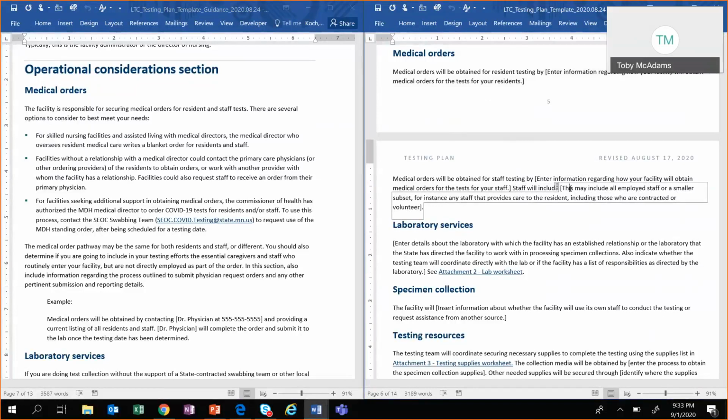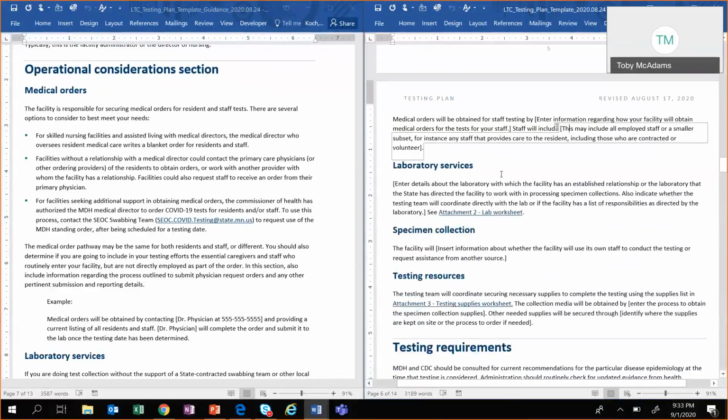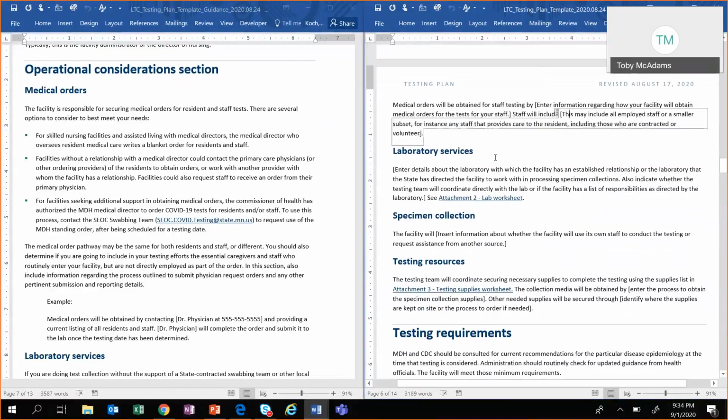Are you going to treat volunteers any differently, or any of the other individuals within your facility? Take the time to think through who is going to be part of this overarching umbrella of medical orders that you have obtained on behalf of your staff.